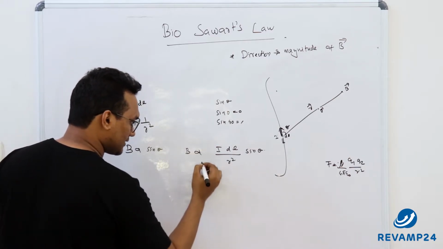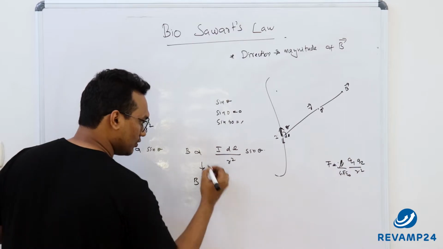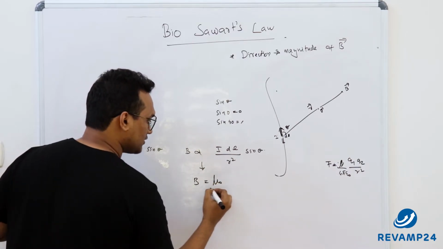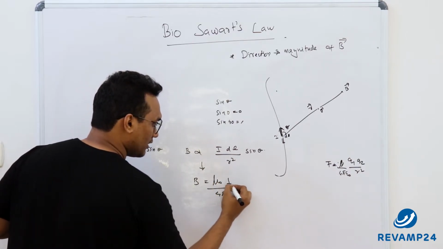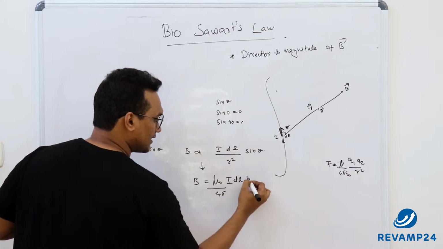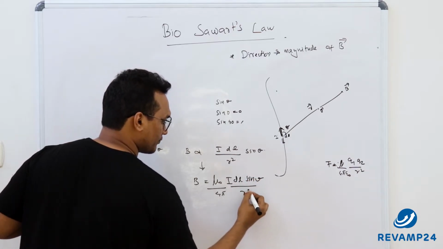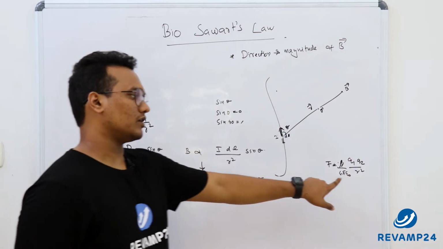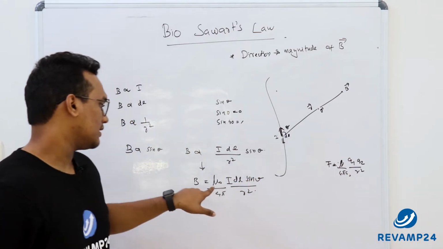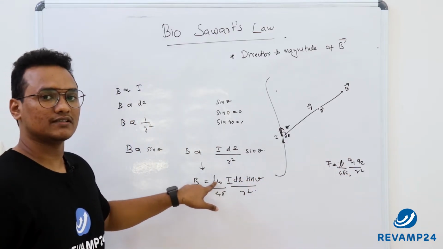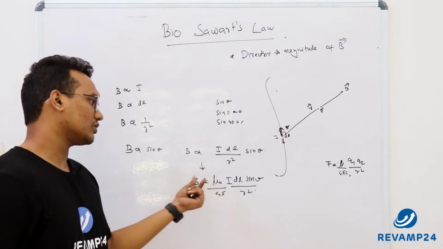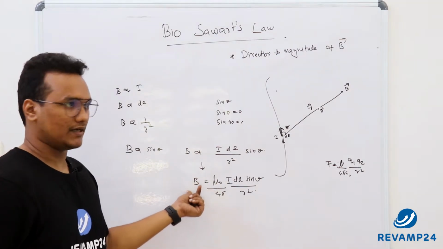This proportionality has converted into an equation: B is equal to a constant, that constant is mu0 by 4 pi, into I dl sin theta by r square. There epsilon 0 was in the denominator, here mu0 is in the numerator. So higher the mu0, higher will be the magnetic field at that point.